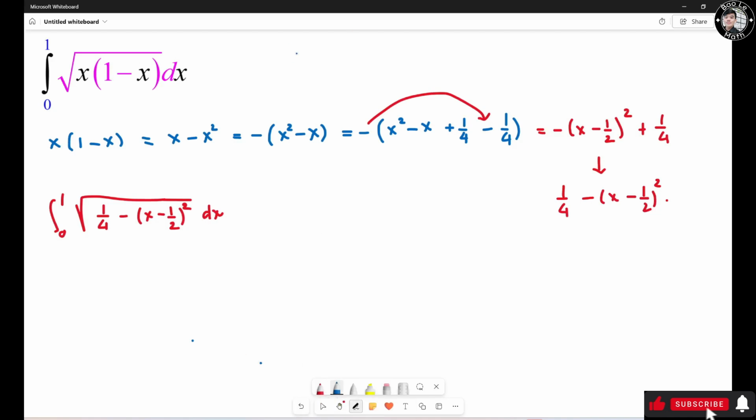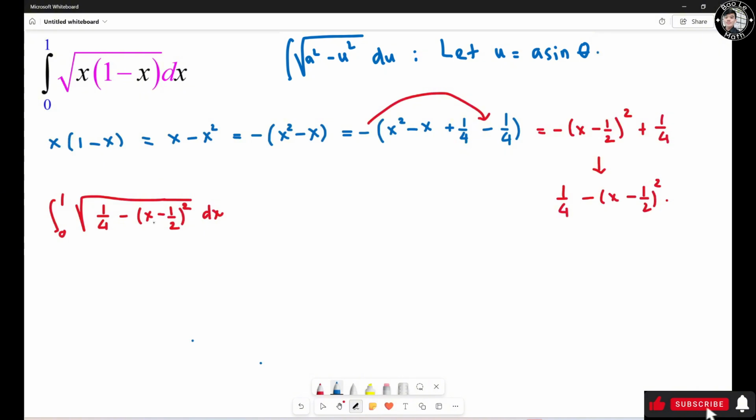Now if you have the antiderivative of the square root of a squared minus u squared du, then you're going to use trig substitution, which means you're going to let u equal a sine theta. So I'm going to apply this method to this integral.